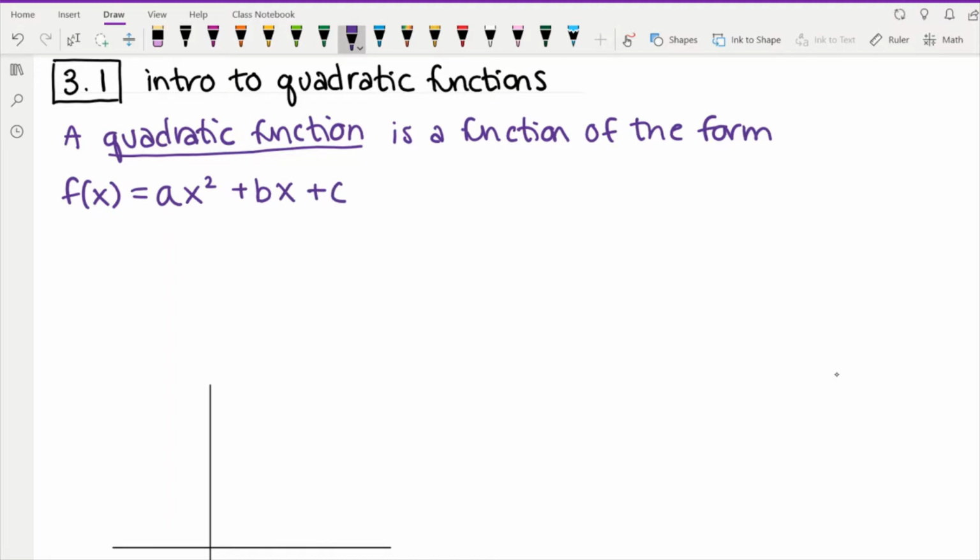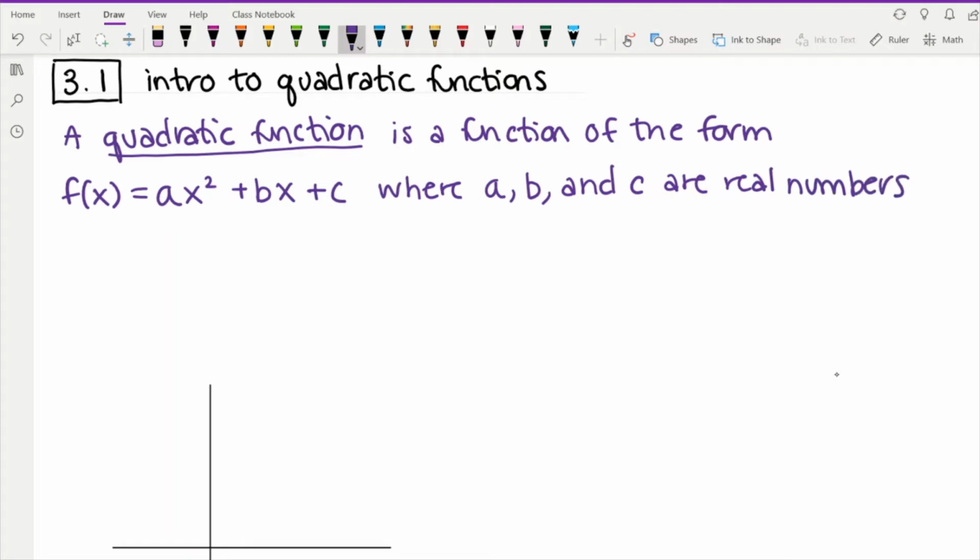And so here, a, b, and c, kind of like when we write down the equation of a line as mx plus b, a, b, and c here just represent numbers. So a, b, and c are real numbers.